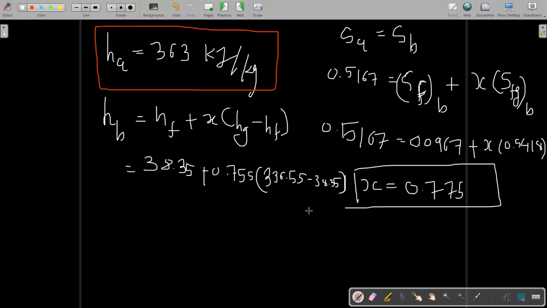Some of you might be thinking about how I am writing these values so quickly.